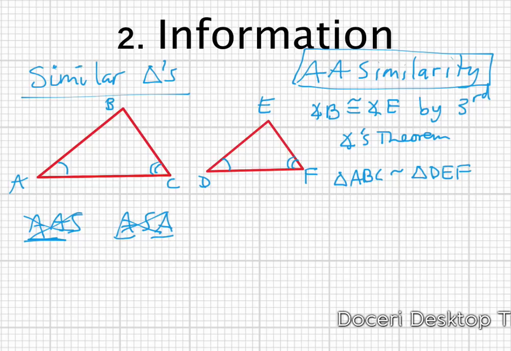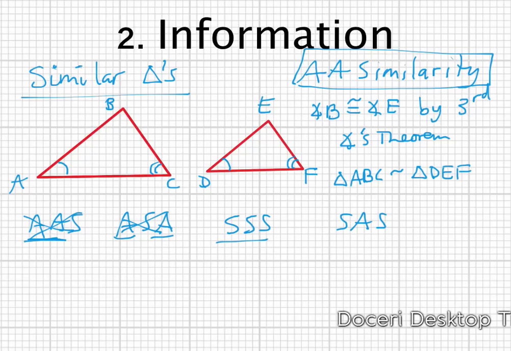But does side, side, side, or side, angle, side also give me similarity? Well, this is not so much congruent as similar. Remember, for similar triangles, all I need is all angles congruent, and I have to have the sides proportional.